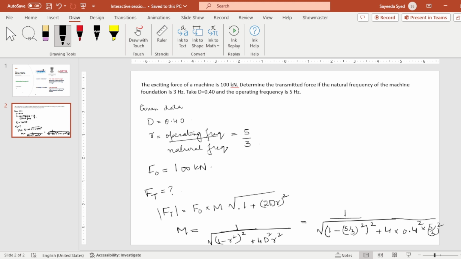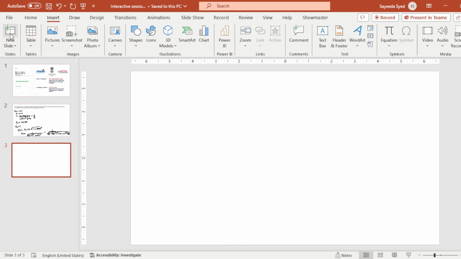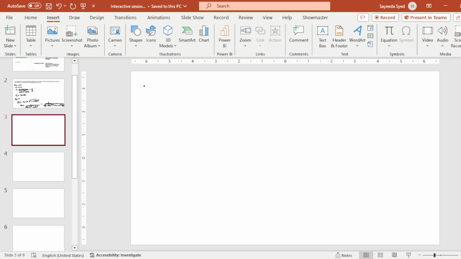So let's calculate this. We will get 0.45.